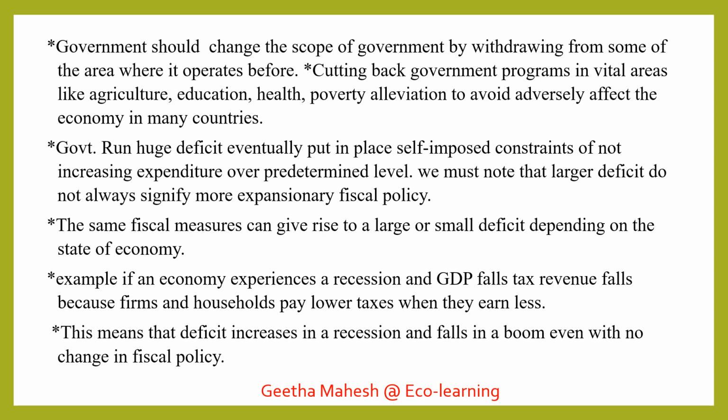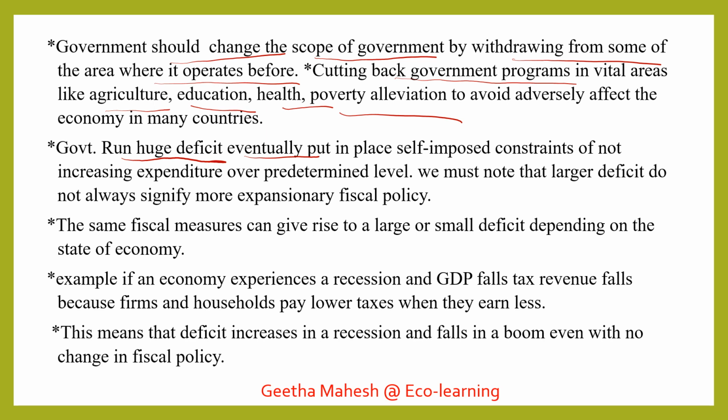So here government should change the scope of government by withdrawing from some of the areas where it operated before. See here the vital areas like agriculture, education, health, poverty alleviation. Government is spending huge funds. Now it has to cut back the government programs in these areas so that the expenditure can be reduced, otherwise government runs a huge deficit eventually.